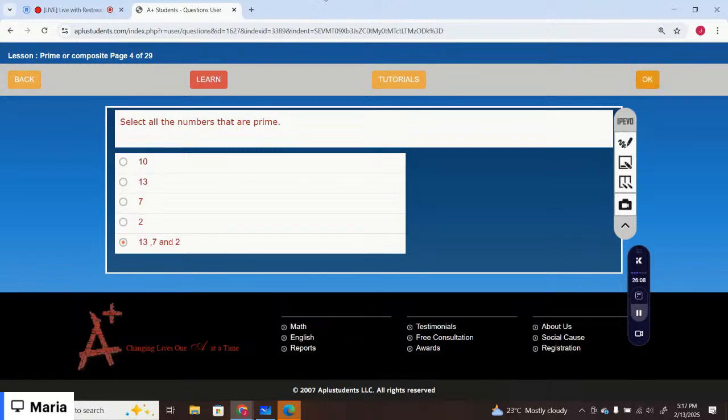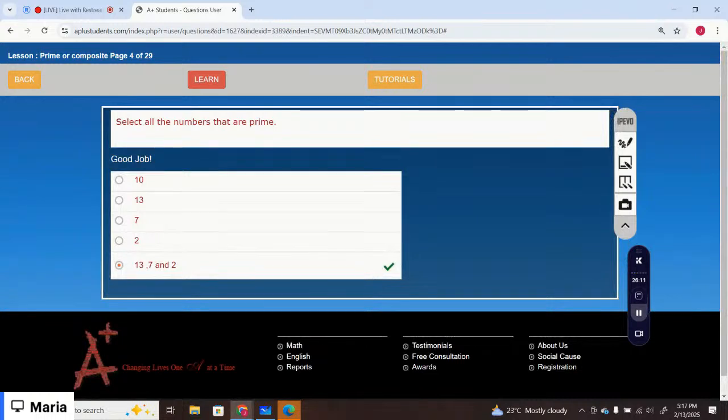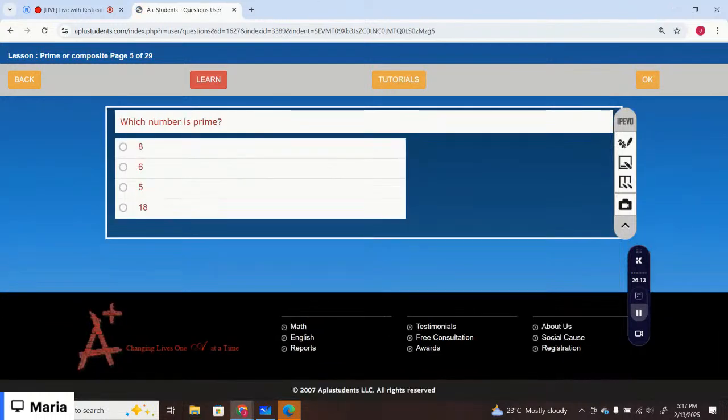The last option is the correct option. Which number is prime? Which is the correct option?